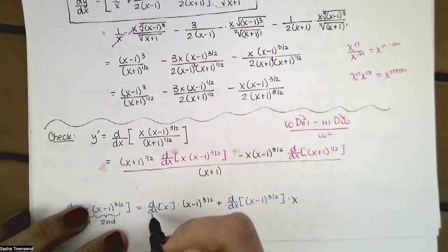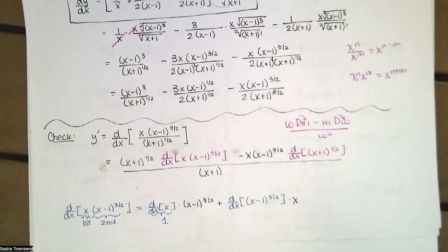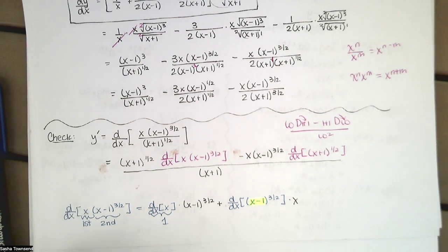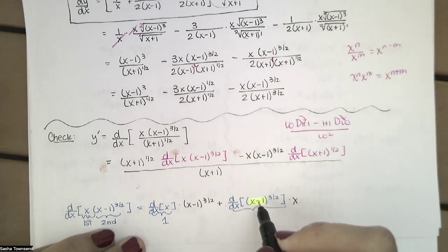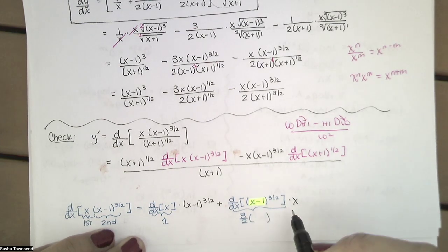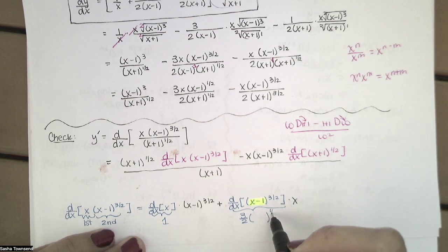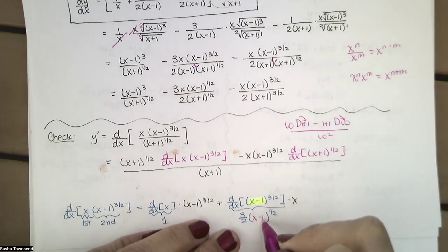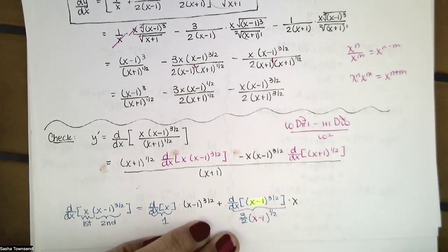And of course, the derivative of x is just 1, and this derivative requires the chain rule. We've got a function nested inside another function. So we take the derivative of the outside function first. The derivative of a function to the 3/2 is 3/2 of that function to the 1 less power. 3/2 minus 1 is 1/2. You put the inside function back inside, and then you multiply by the derivative of the inside.